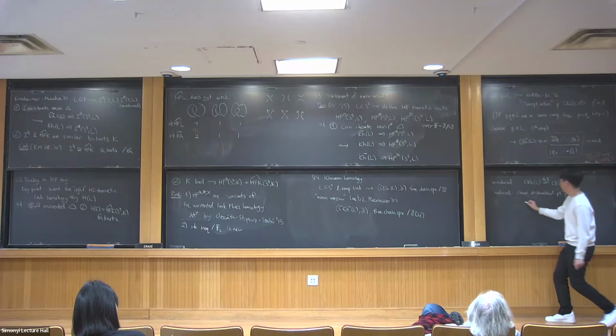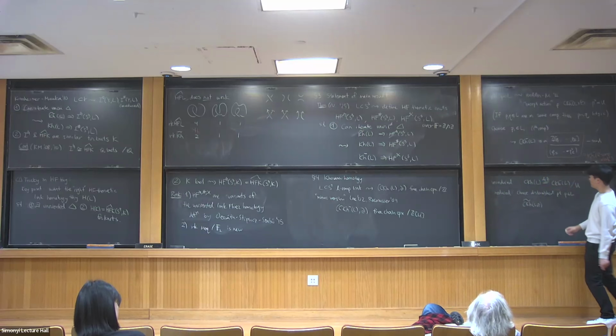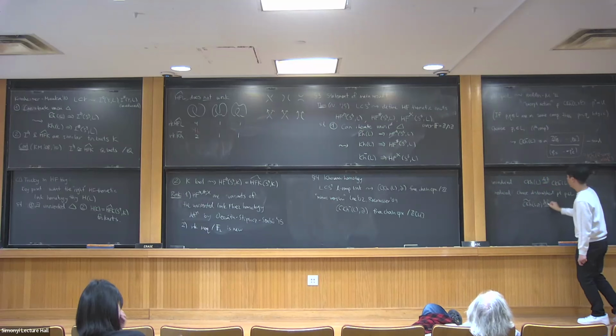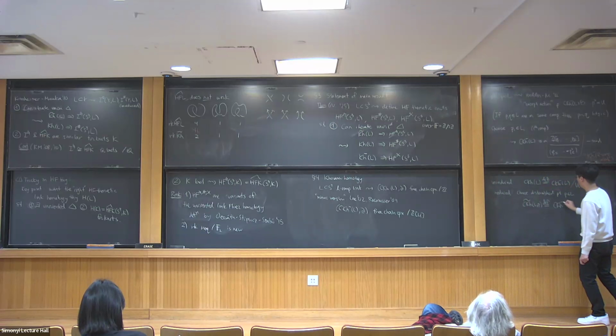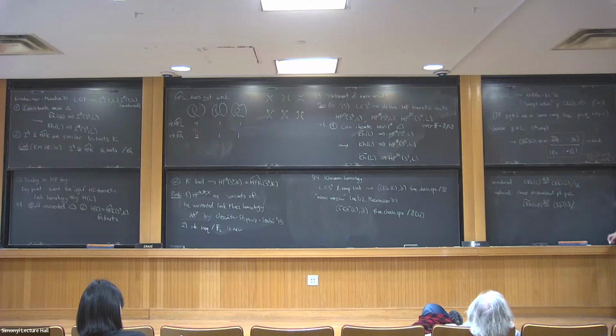And then the reduced version of the chain complex is defined by quotienting out the minus version by the base point action corresponding to the component that the point is in.